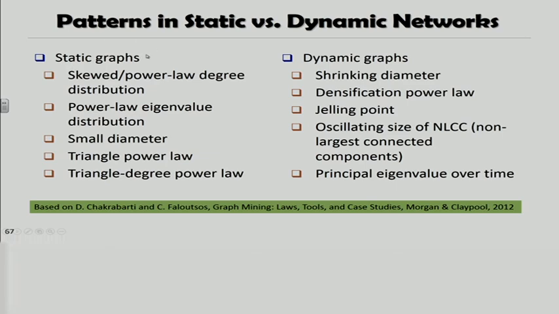Static networks, he calls static graphs, have power law degree distribution and power law eigenvalue distribution, small diameter, triangle power law, triangular degree power law. Okay. There are many laws. Actually, many were his papers.